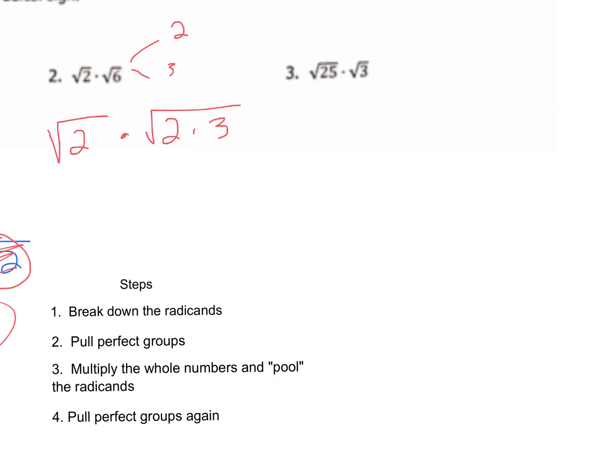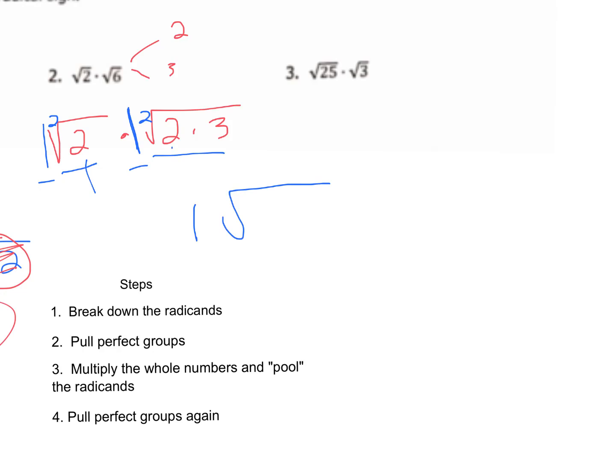Pull the perfect groups. Well, again, the index of the radicals, since I can't see them, are 2's. So nothing happening here, and nothing happening here. So we're going to multiply the whole numbers and pool the radicands. Now again, remember there are 1's hiding in front of this. So 1 times 1 is 1. And we're going to pool the radicals.